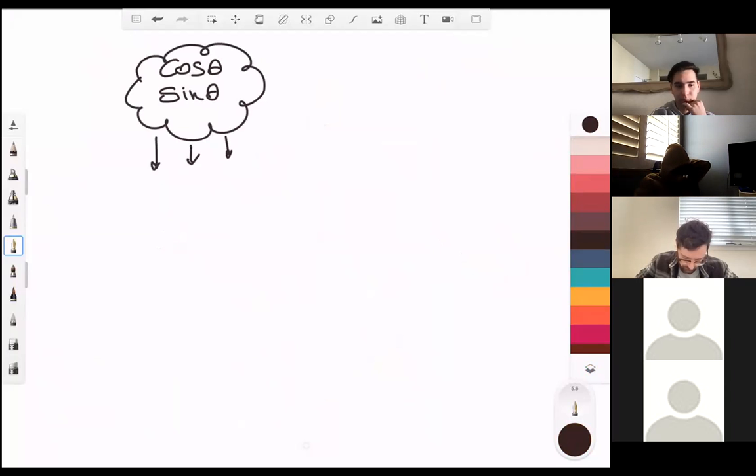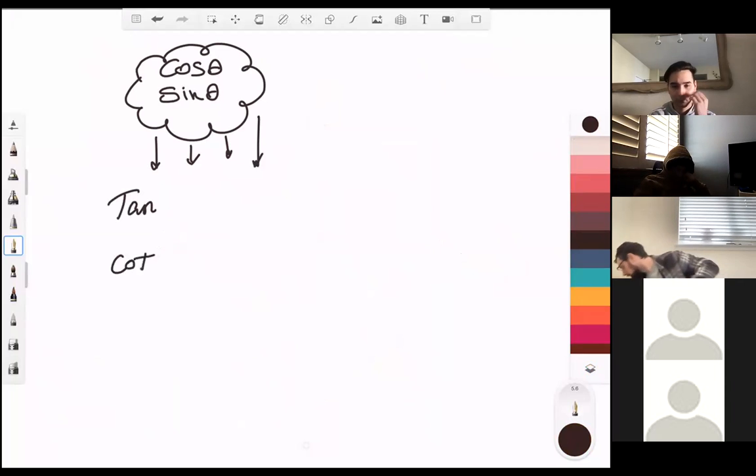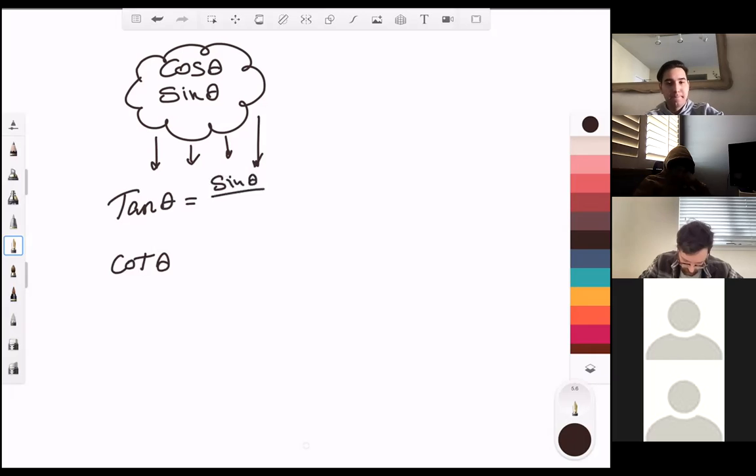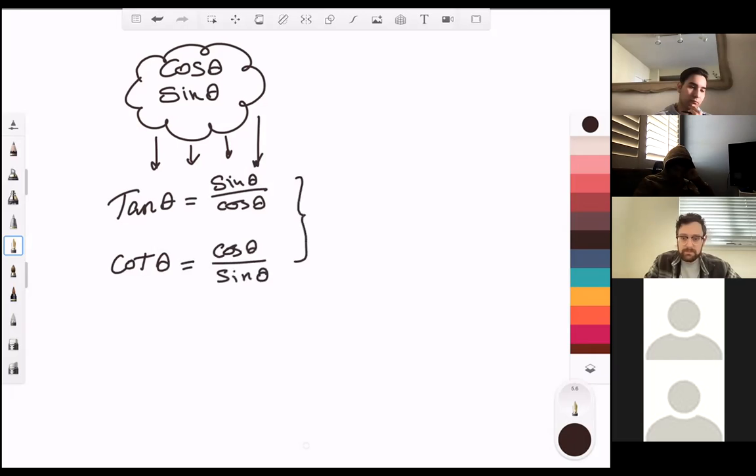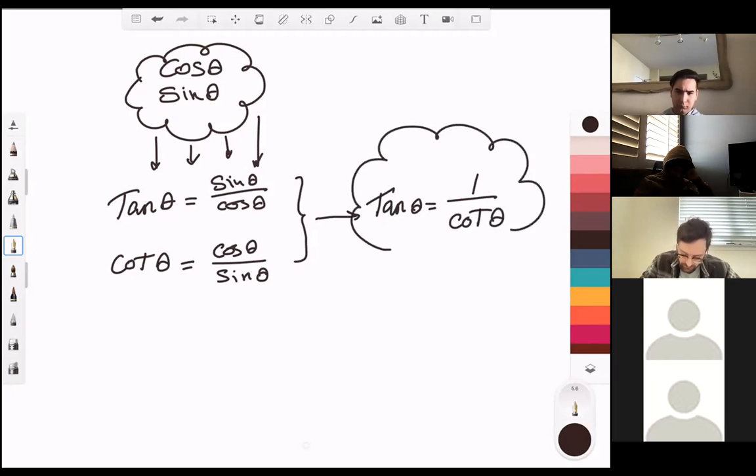From here, we have 6 trigonometric functions, which are tangent and cotangent of theta. So we are defining it. I'm not proving it. I'm saying tangent is sine of theta over cosine of theta, and cotangent is cosine of theta over sine of theta. From here, can we define that tangent of theta equals 1 over cotangent of theta? Is this true?